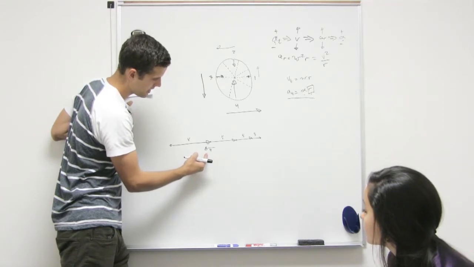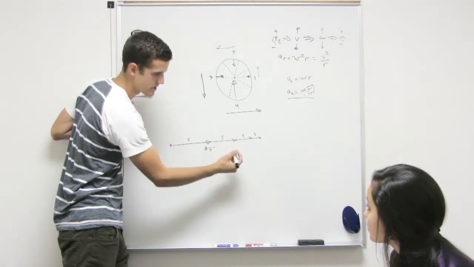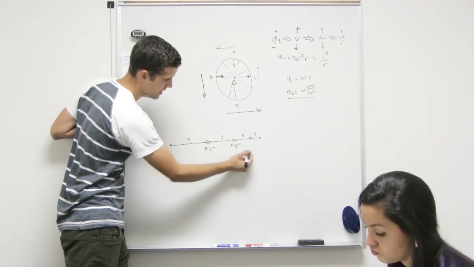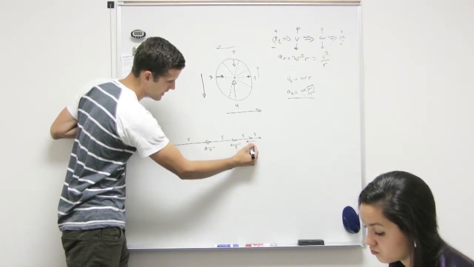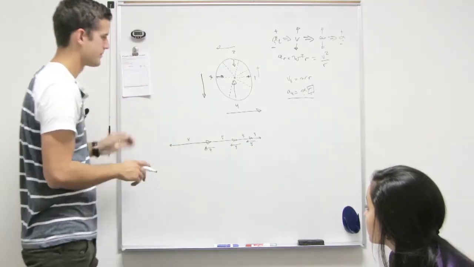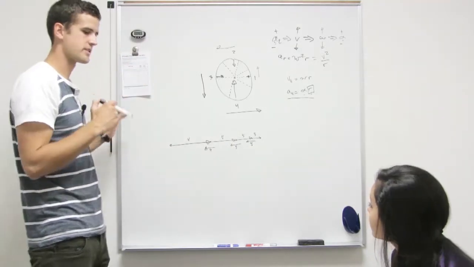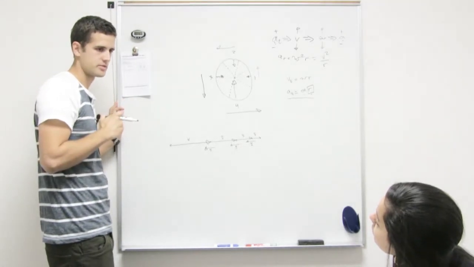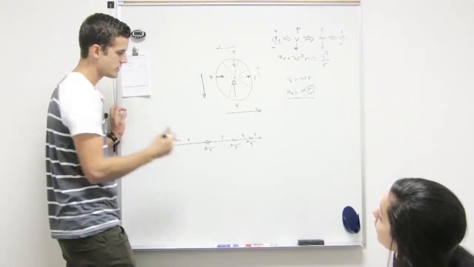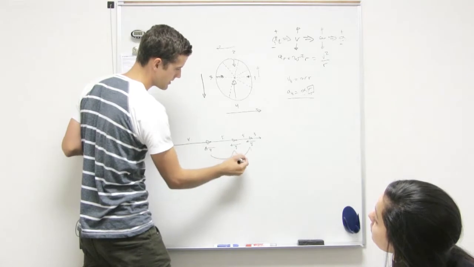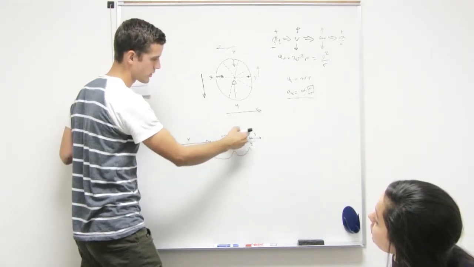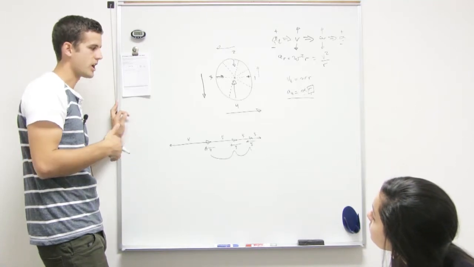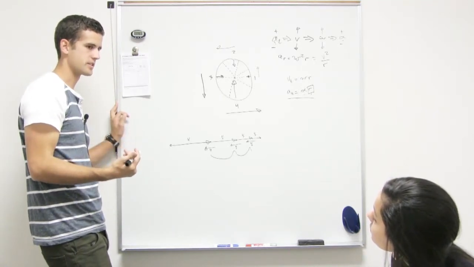But it gets shorter by the same amount each time, so acceleration stays the same. So all three are the same, even though your velocity is getting shorter. That's what it means by acceleration, right?